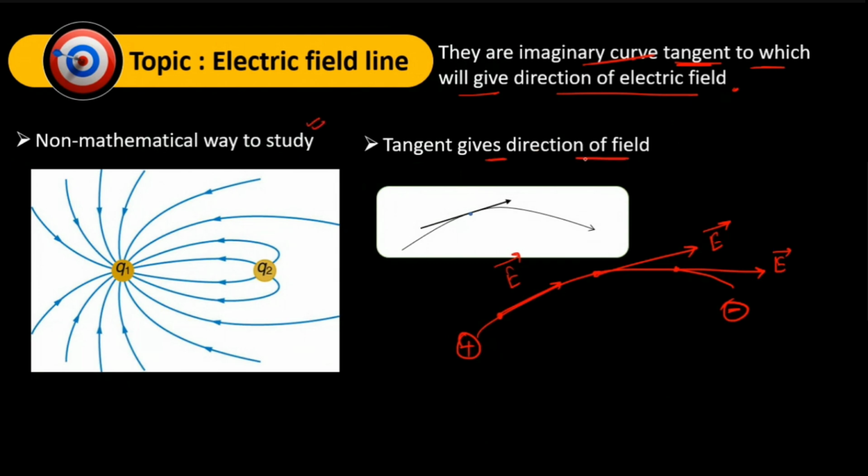Tangent gives the direction of the field. Let me explain it here. So the electric field line must be here, here, and here. Similarly for this, it must be here. So every time you have to draw the tangent, and that tangent will give us the direction of the electric field line.